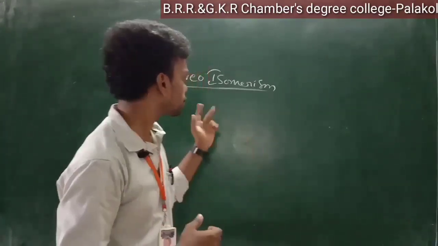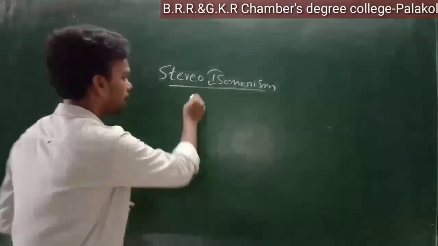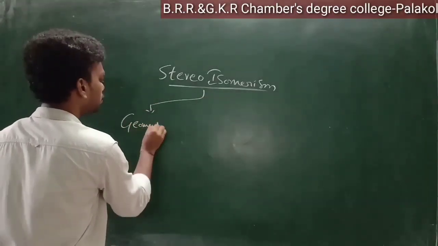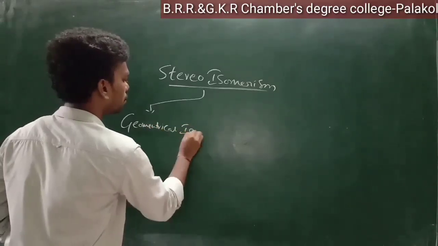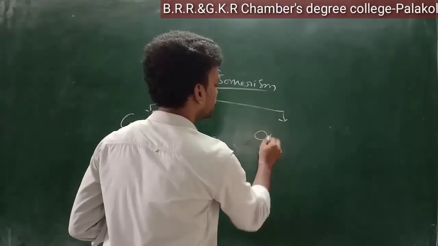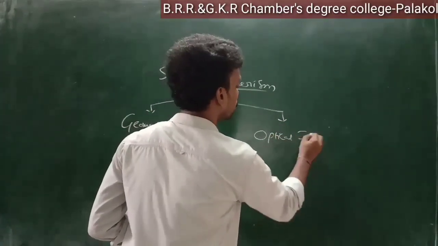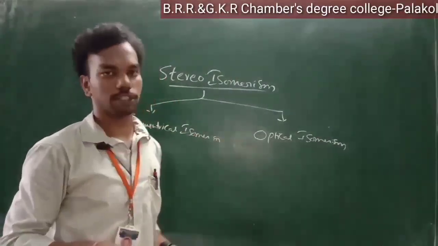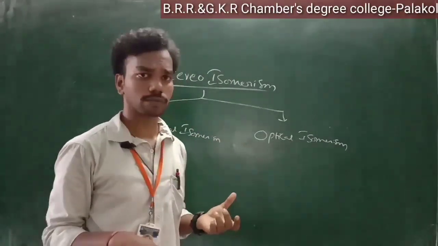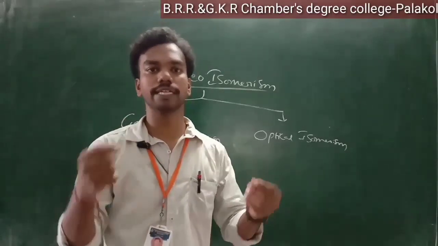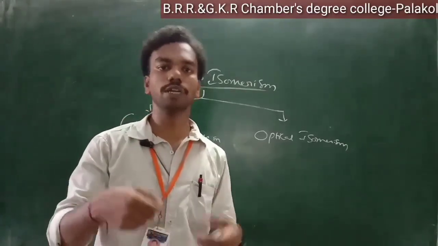Basically stereoisomerism is of two types: geometrical isomerism and the second one, optical isomerism. First, geometrical isomerism. The compounds have the same ligands attached to the same central atom, but the arrangement of ligands around the central atom is different, either in cis position or trans position.